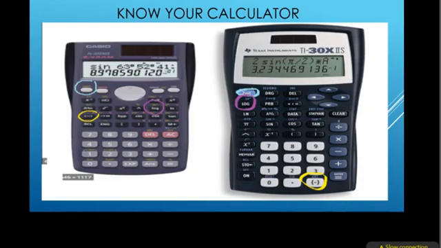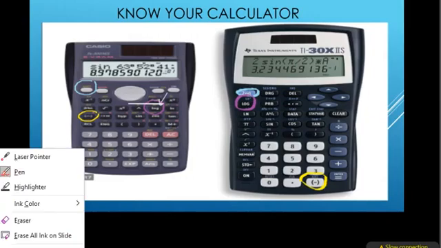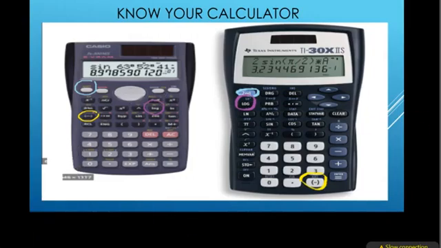All right. The other two buttons that we're going to need for this, the minimum number of two buttons that you're going to need, is your shift, because we're going to not only do the log, but we're going to do the second log, which is above the log right here. So the shift and the log are both needed.